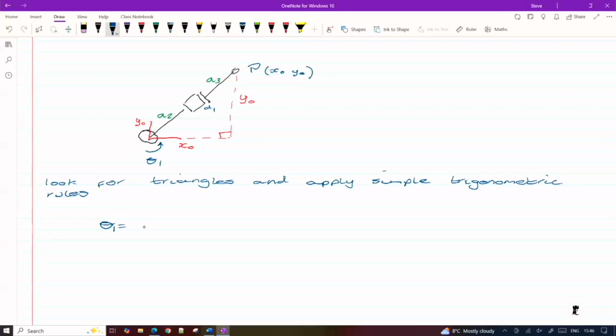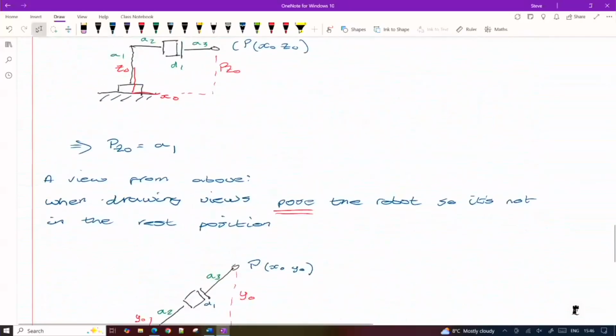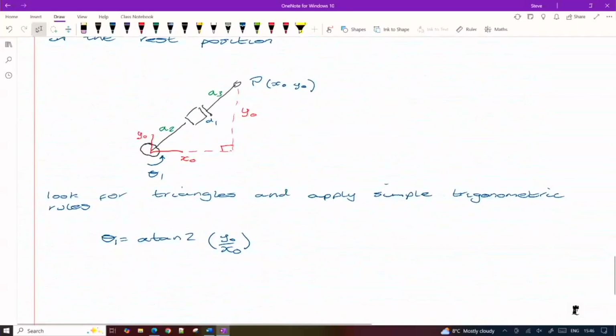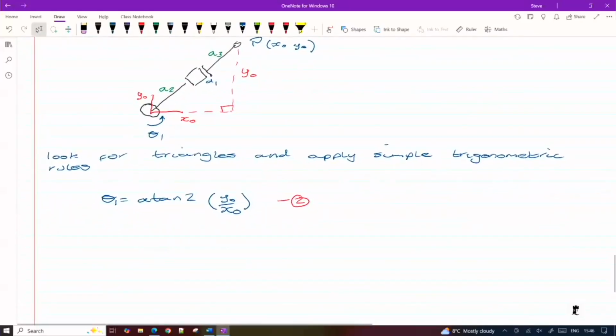So remember last week when I talked about the atan2 function, that's y0 over x0. Okay, so we have equation 1, equation 2, where we know y0, x0, so we can get θ1 in the correct quadrant, and that was the purpose of using our atan2 function from last week.